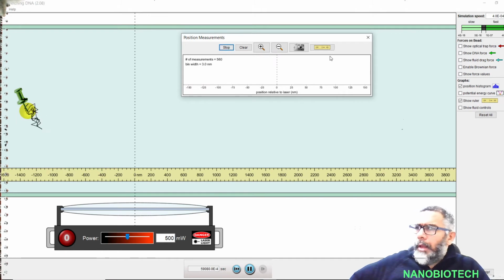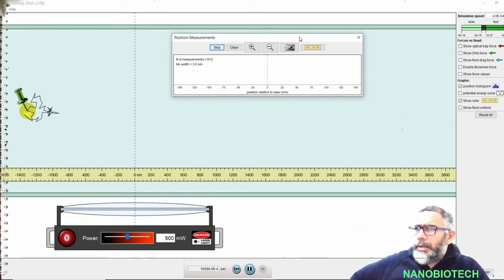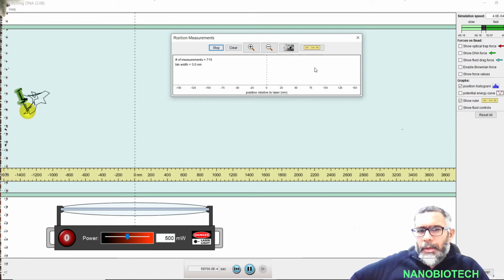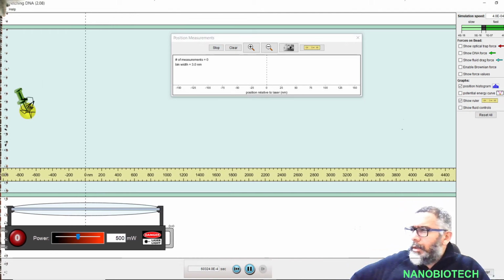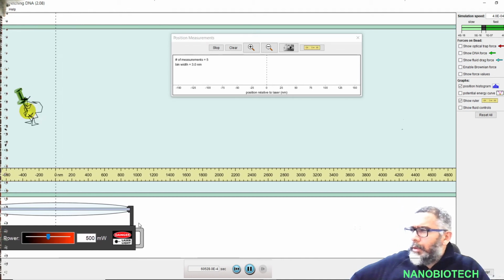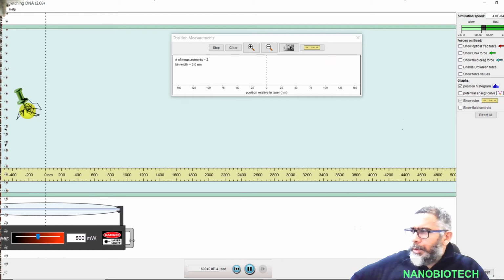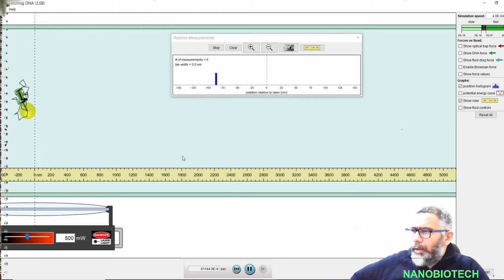Through this window, you'll be able to do these measurements more accurately. If you grab this dashed line and move it towards the position of the sphere, you will see the position measurements right in this window. You have done it in your previous homework, so I'm not going into the details about this.